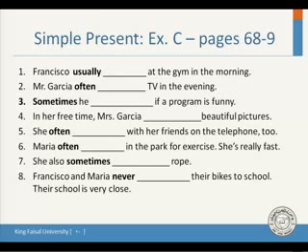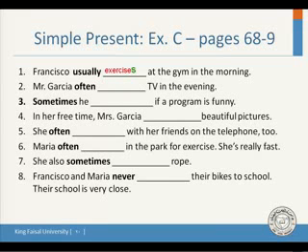Look at number 1. Francisco usually exercises at the gym in the morning. Exercises. So we use the simple present, exercises, with usually. These adverbs of frequency, we use them with the simple present. Exercise, exercises.